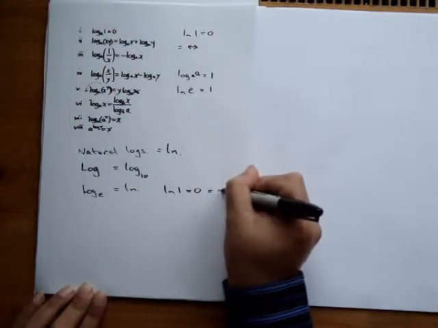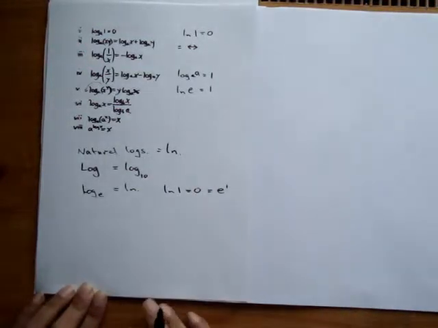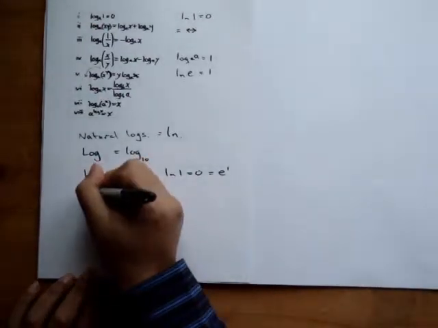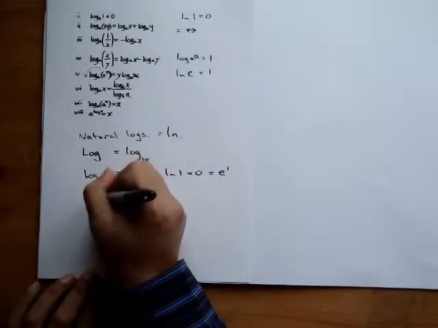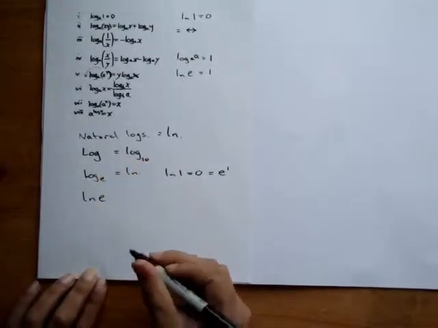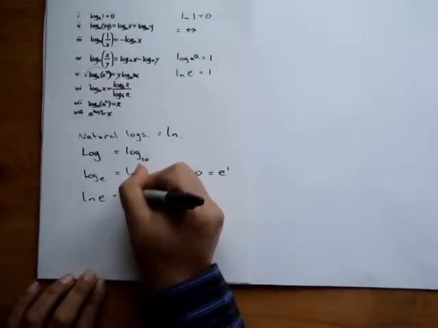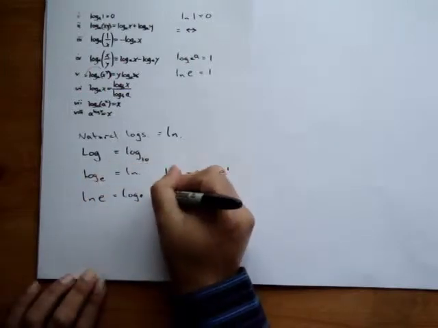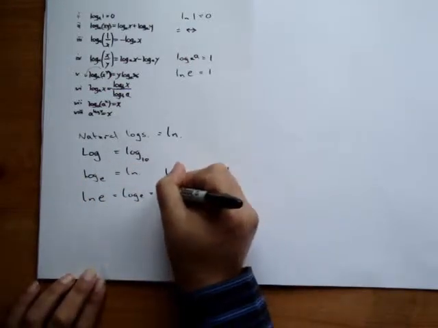And this equals e to the 1. So let's have a look at this. If we have the natural log of e, this equals log e, like we said there, and this equals 1.